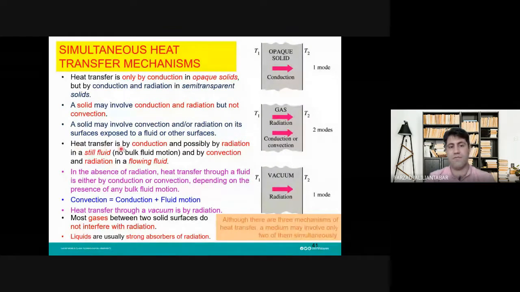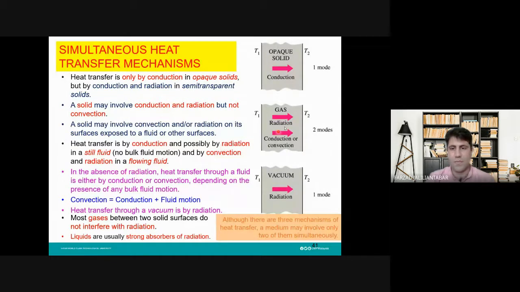So heat transfer is by conduction and possibly radiation in a still fluid, with no bulk fluid motion. This is the important notice here. And it is by convection and radiation in a flowing fluid. If it is a stationary fluid, a still fluid with no bulk fluid motion, we have conduction and radiation.